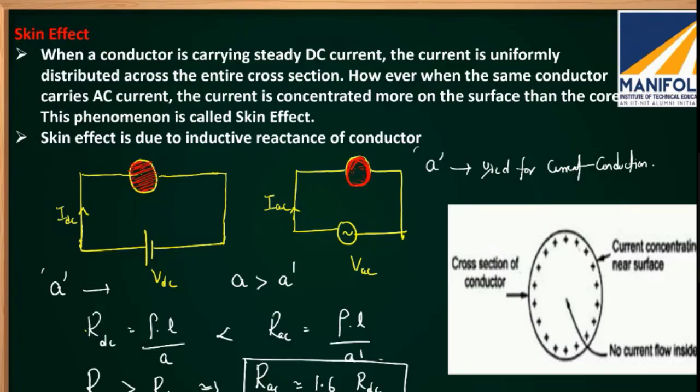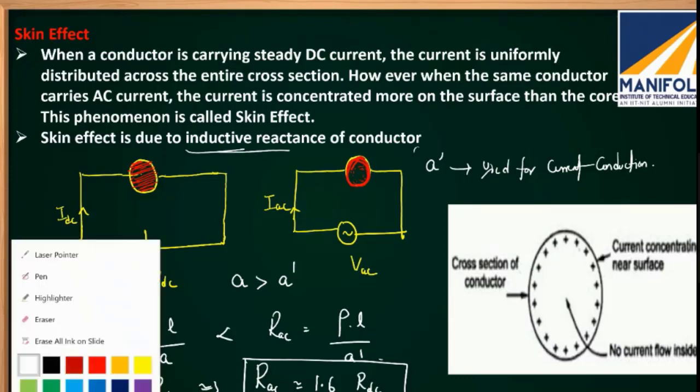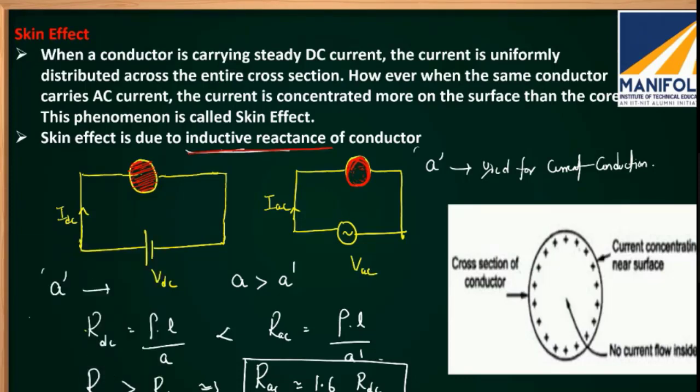Why does the skin effect come? Because of the inductance parameter of the conductor, which comes into picture when you pass alternating current.